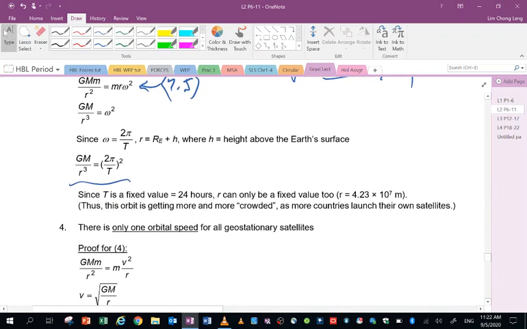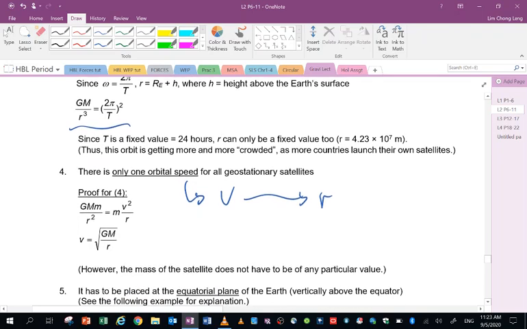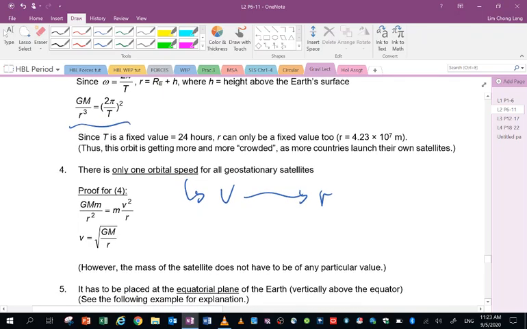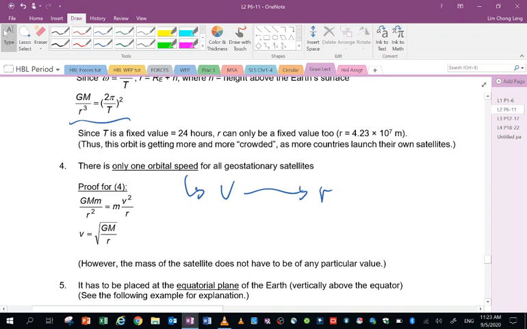Number 4, we already spoke about one orbital speed corresponding to a certain radius. Okay, it's unique, one to one. So you are able to get the orbital speed using the same expression, equation 7.5. So equation 7.5 is very important.